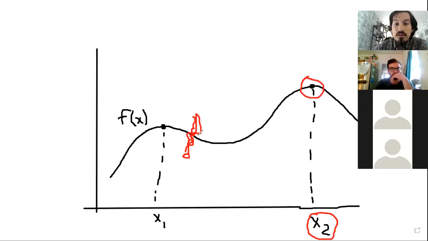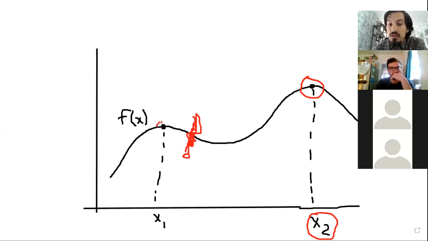So the only reason you have something wrong about x1 is that you have this area here where there's some convexity to the function. Even though it's at a distance from the point x1, it still matters.